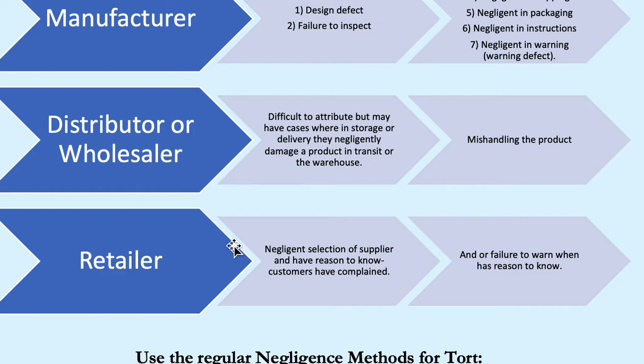Now, with the distributor or the wholesaler, I was hearing from Emerson that it's really difficult to attribute negligence to them. However, I thought about this because I've gotten products delivered to my home, and some of them are consumable goods, and during transit they've been damaged, or they were damaged at the warehouse. Some people have said the warehouse doesn't have air conditioning.